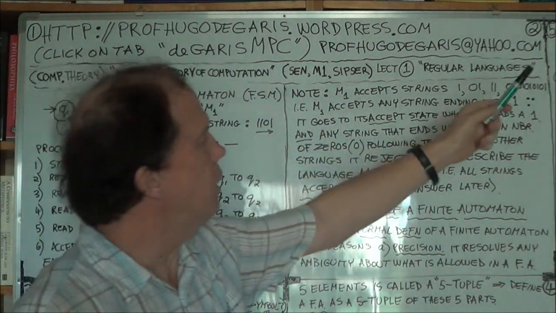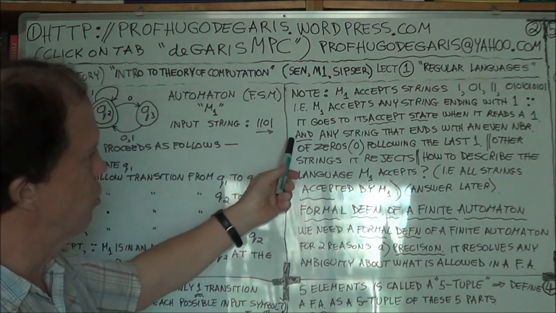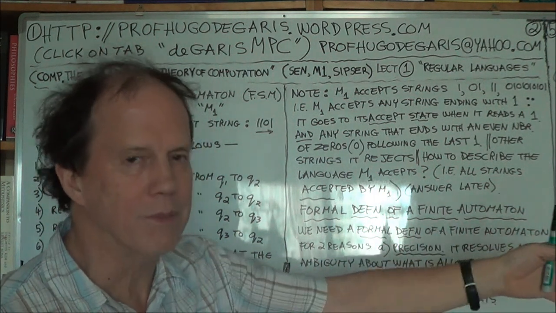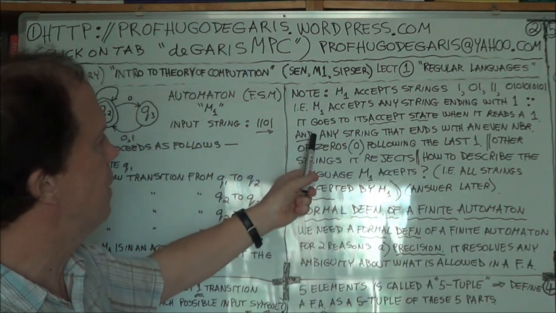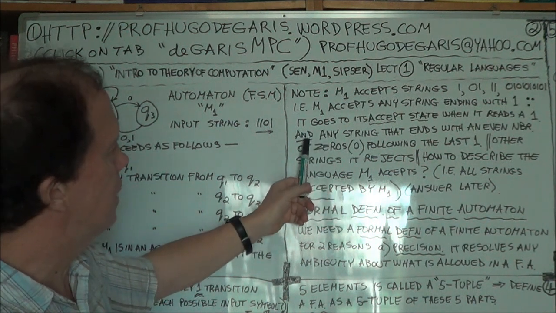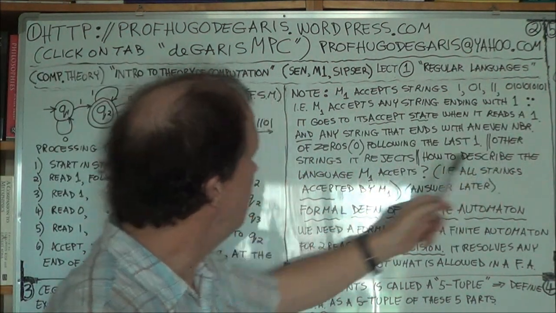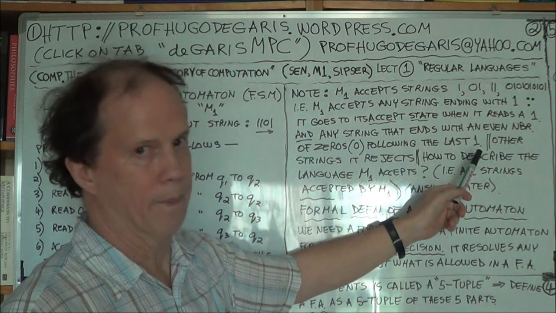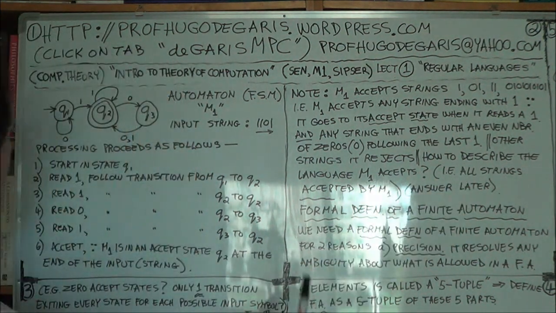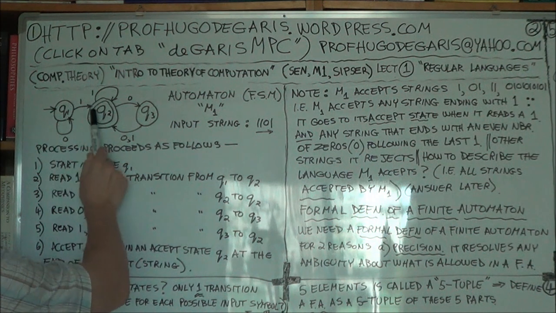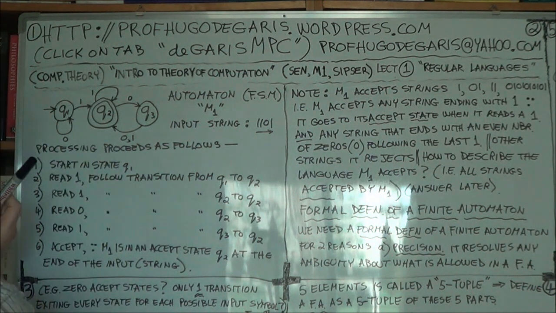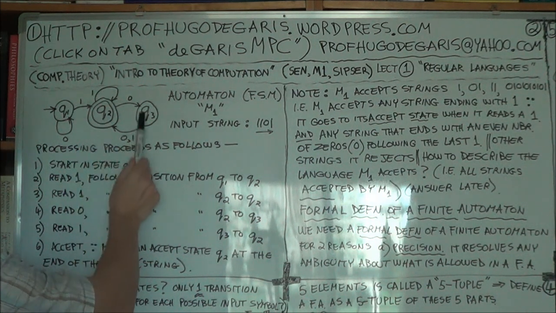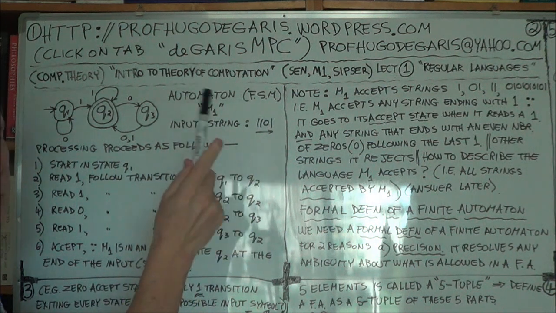But that's not it. There's this rule, it's sort of an OR rule. It's this rule or there's another way it can get accepted. It'll accept any string that ends with an even number of zeros after the last one. So let's say we've got a 1, we're here, and then an even number of zeros follows the last one.